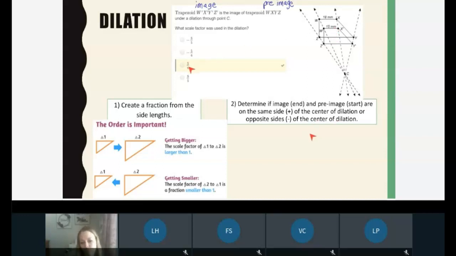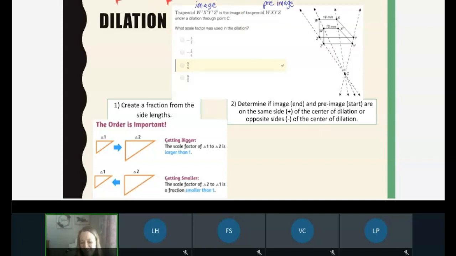And why it's this instead of this is because this is bigger than 1, which means it would have grown. This is smaller than 1, which means it shrinks. So since we know that it's shrinking and that it hasn't flipped, we can go by that and find out that it is 5/6.